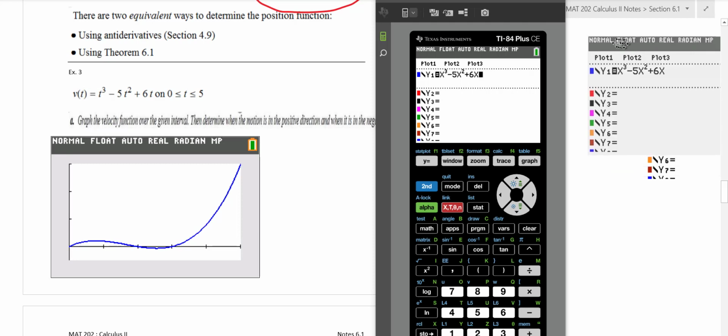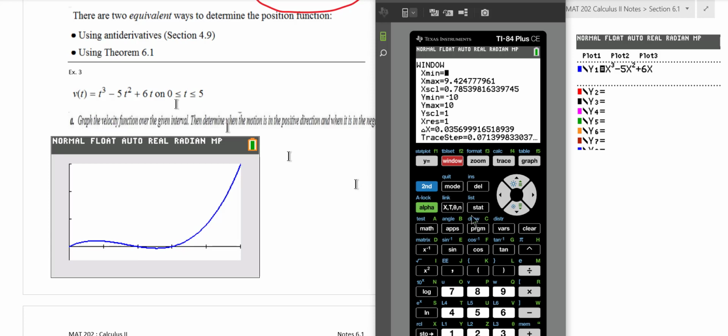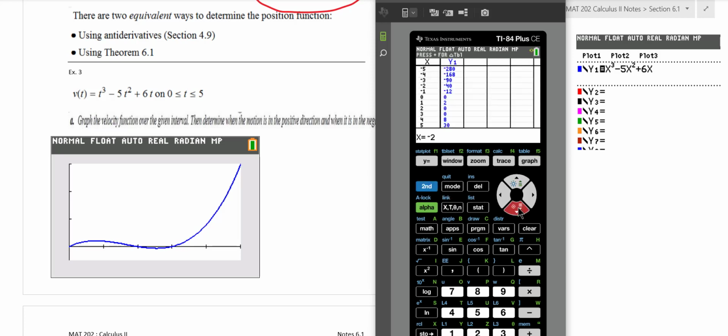Let's set up a good viewing window. We know we're going 0 to 5. You don't have to go past 5, because 5 is a rational number. Anytime you have an endpoint of pi or an irrational number, you have to make the calculator go out a little further. Let's scale that by 1. To get the y, I just look at my table of values with second graph.